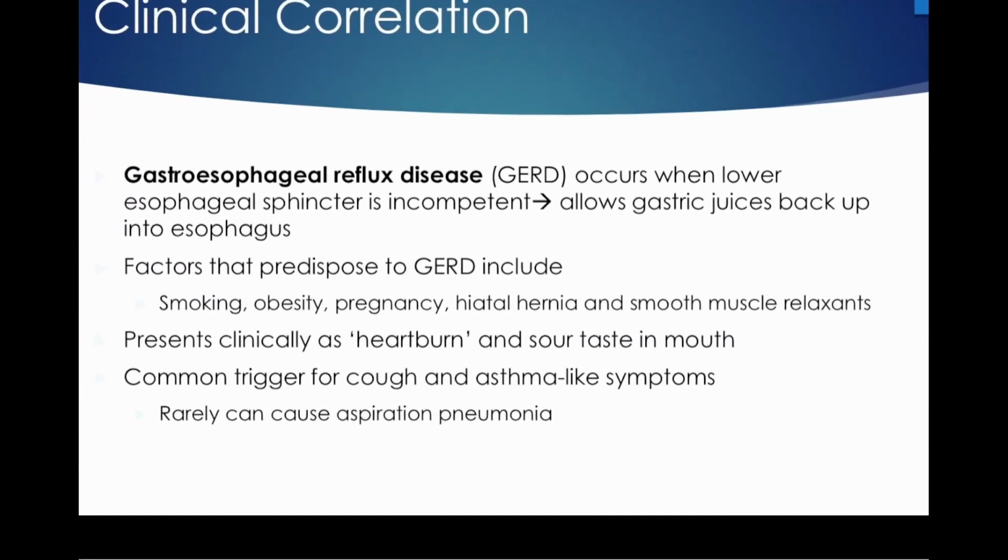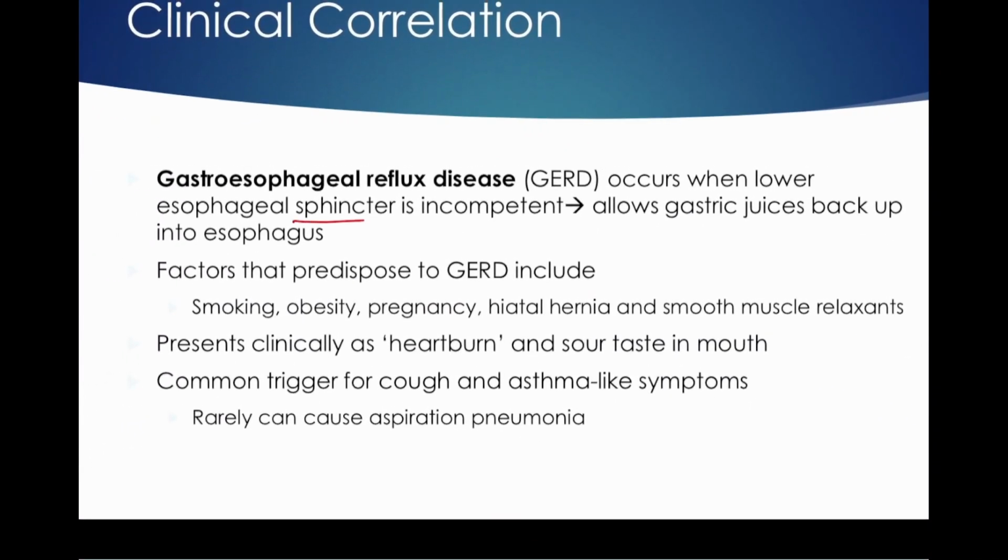So GERD, when the lower esophageal sphincter is incompetent, doesn't squeeze all the way, and some acid can squeeze through. Factors that predispose to GERD: smoking, obesity, pregnancy, hiatal hernia. These are all things that are going to give you that heartburn sensation. These things weaken the lower esophageal sphincter, and if it weakens, you're more susceptible to acid reflux.